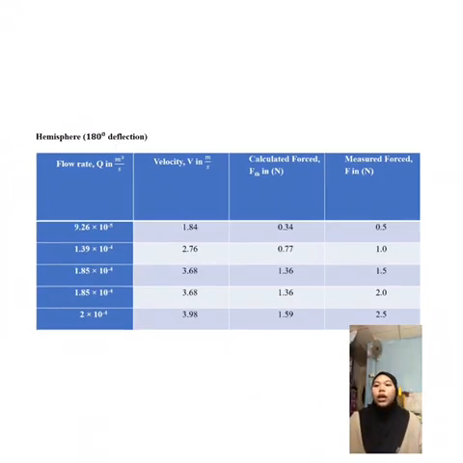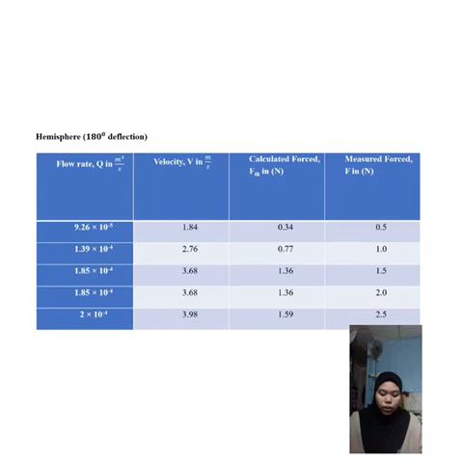For the hemisphere, the flow rate is also in the data and the measured force is in the data. So we need to calculate the velocity and the calculated force. The velocity, as we also know, is Q per A, flow rate per area. So we get the answer. The calculated force for the hemisphere, 180 degree, is rho Q 2V.